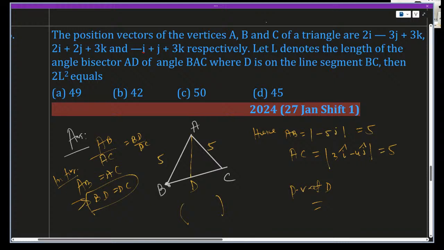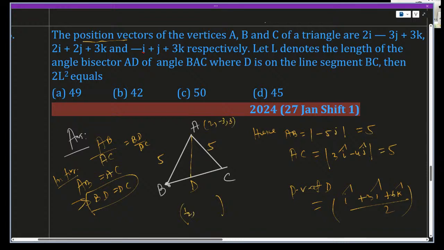They have given position vectors, so we must take advantage: sum divided by 2, i plus 3j. Position vector is done, this point's position vector you know.